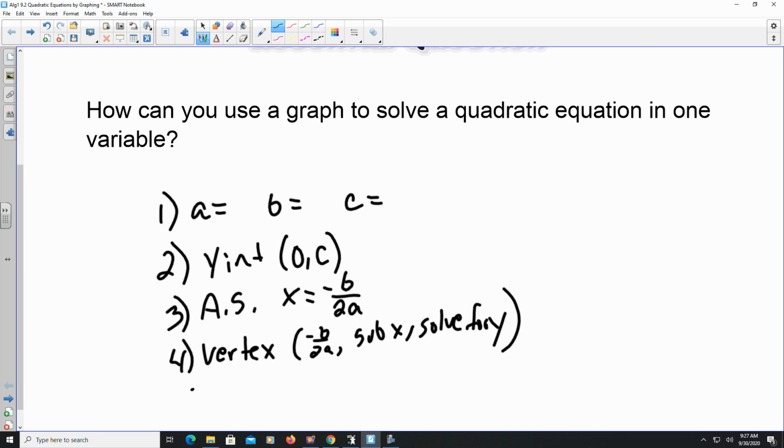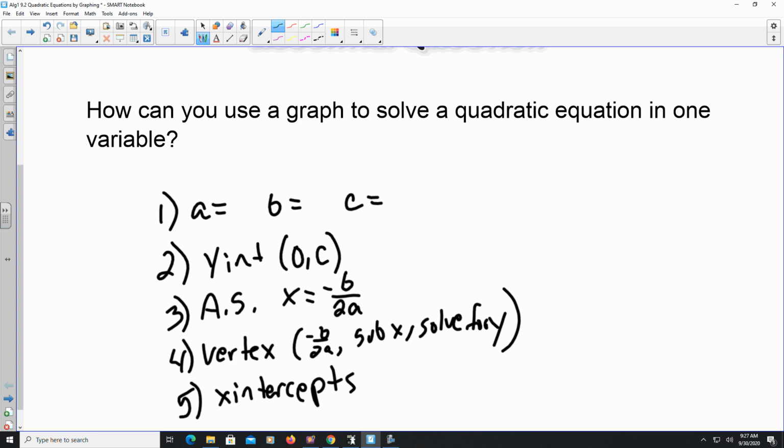The fifth step, which is the new step here, is we needed to determine if there were any x-intercepts. We never asked you to define where those points actually were.